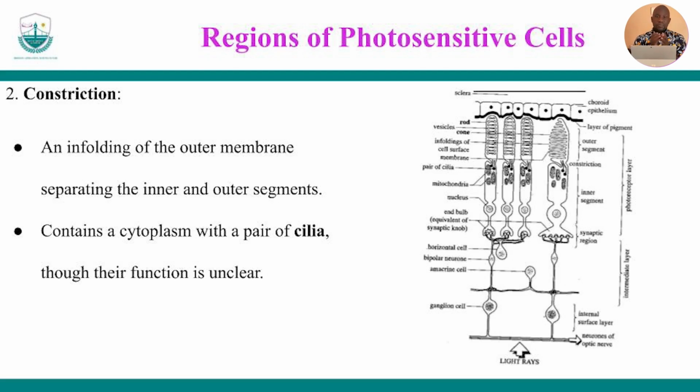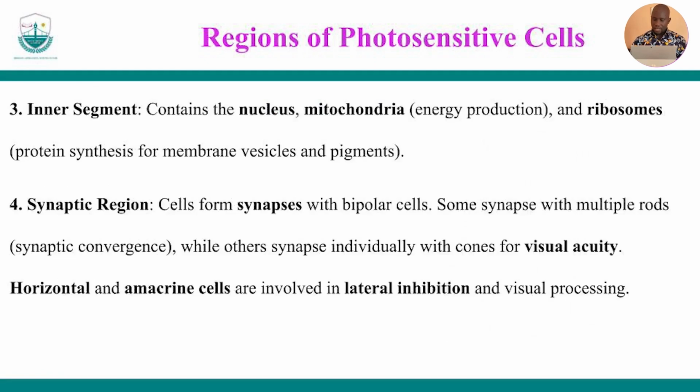That means it's basically where you have most of the organelles. Remember, we'll see that the mechanism of function of the photoreceptor will involve the utilization of energy. That's why possession of mitochondria is very, very important. So in the inner segment, which is basically this region here, that's where you find those organelles.